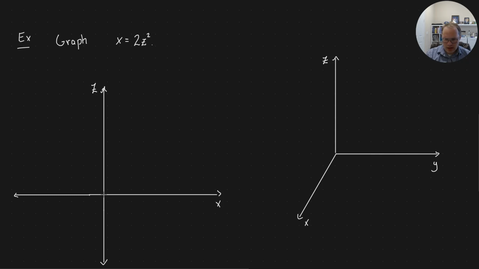Its vertex is at the origin, and it's going to open in the positive x-axis. Okay, so if I go up 1 or down 1, it's going to go out 2 units.